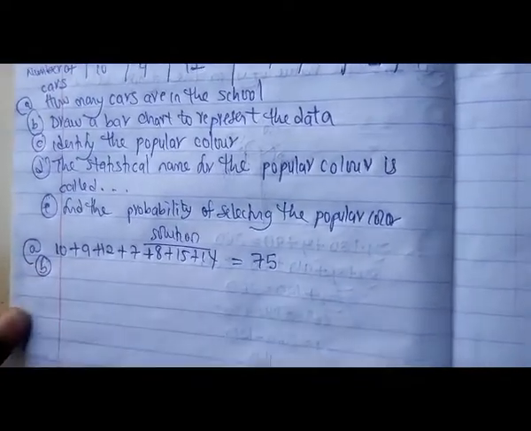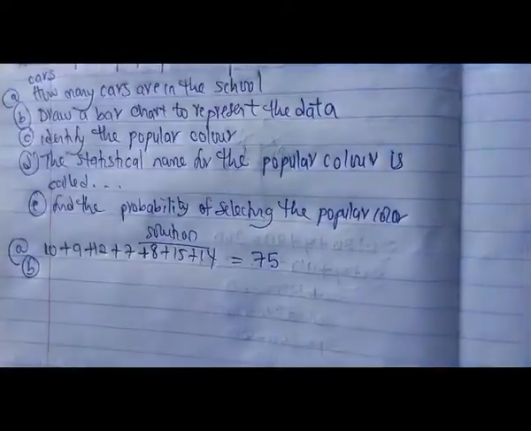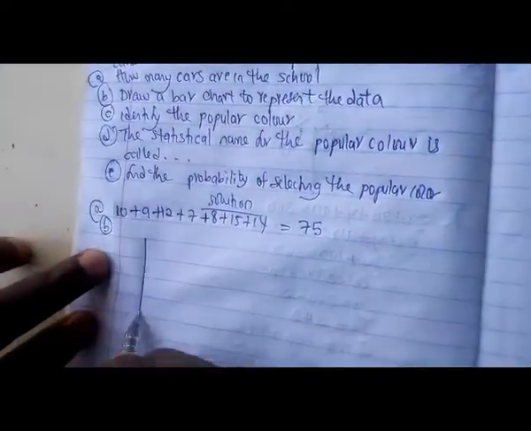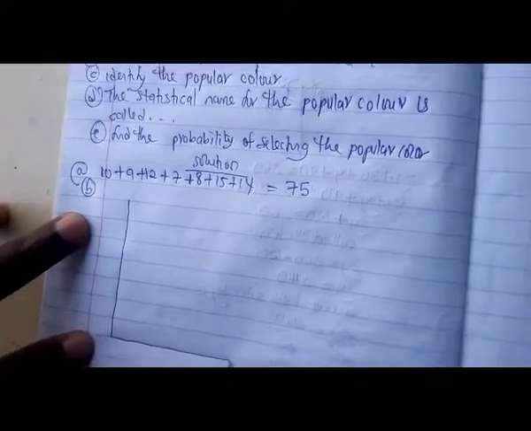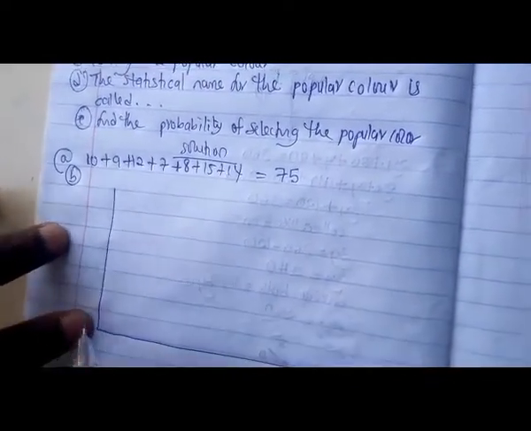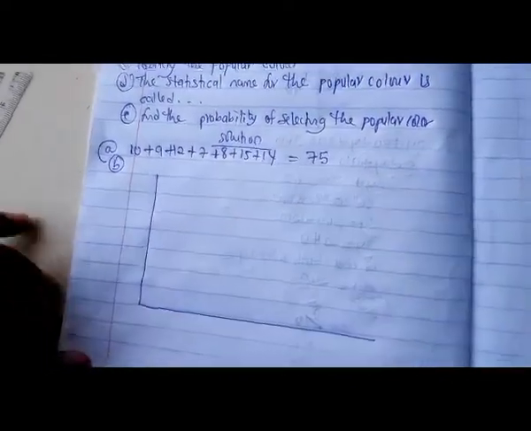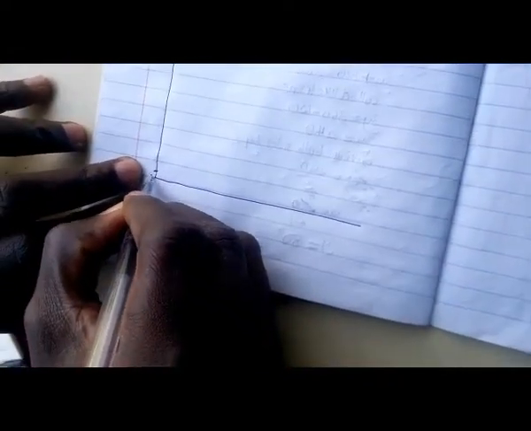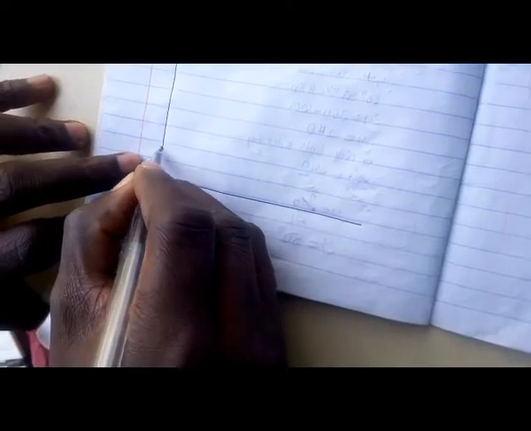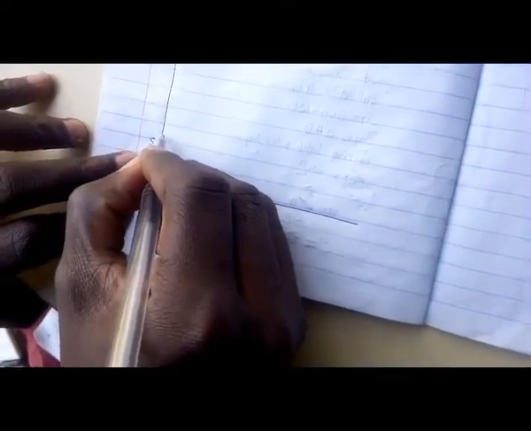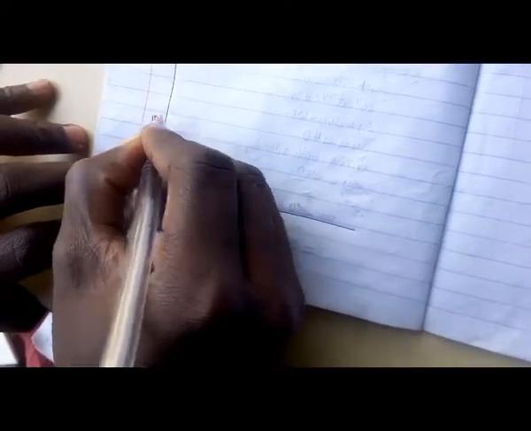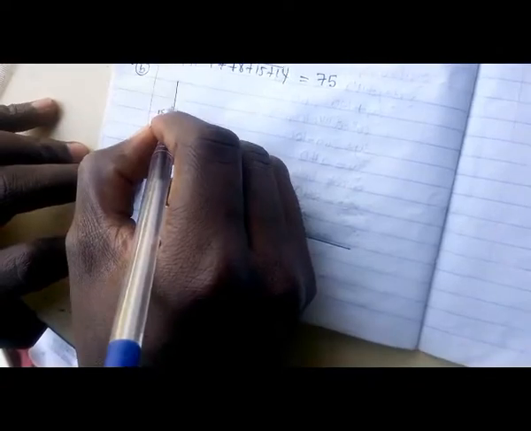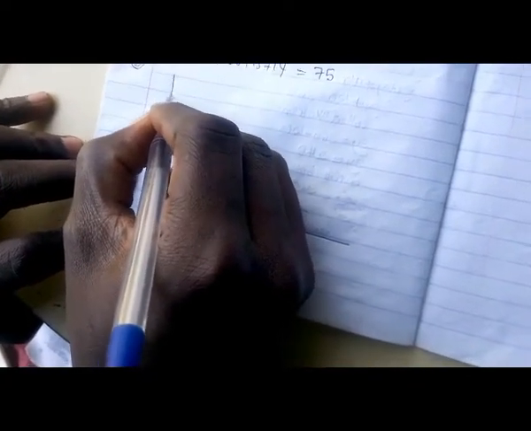B says draw a bar chart to represent the data. So let's draw a bar chart. Let me put it in intervals of 5. 0, 1, 2, 3, 4, 5, 6, 7, 8, 9, 10, 11, 12, 13, 14, 15, 16, 17, 18, 19, 20.